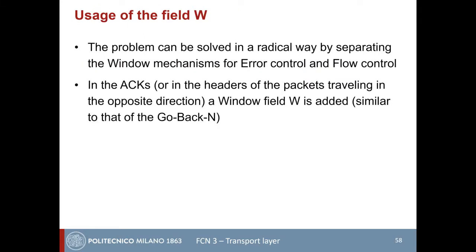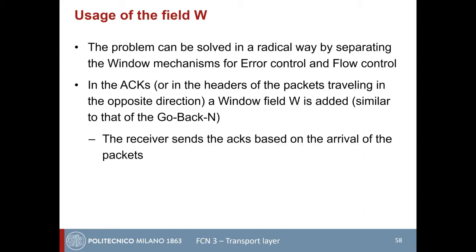So we can introduce a field in the header, the ACK, the acknowledgement. So in the ACK messages that are sent from the receiver to the sender now will not only contain the number of the acknowledgement, but also another field that is W, which indicates a window size.